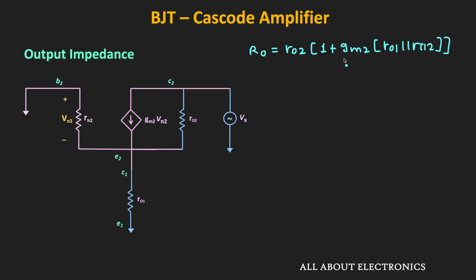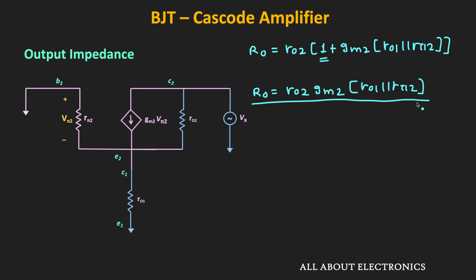Once again, Gm2 times this parallel combination of R01 parallel Rpi2 will be much greater than 1. So once again, we can neglect this 1. And further we can write R0 is equal to R02 times Gm2 times R01 in parallel with Rpi2. So that is the expression of the output impedance.